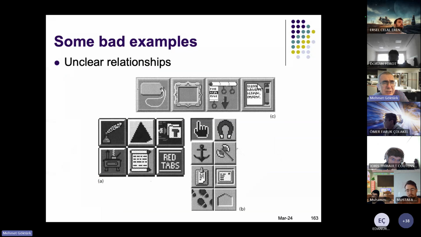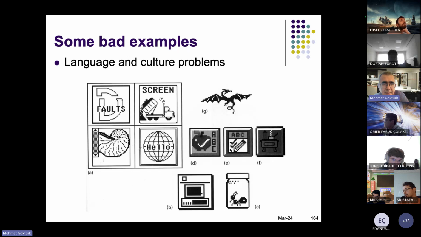And relationship is sometimes incorrectly set. For example, this is pick. This is cut. Balta koyuyorsunuz cut için. This is anchor, point, tag. I don't know the others. And hello world.